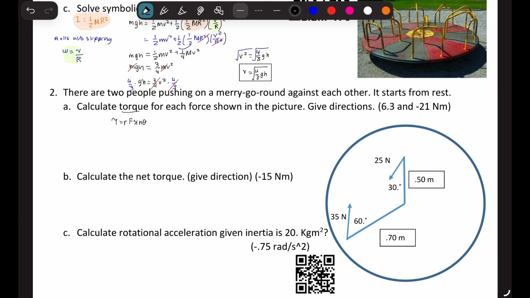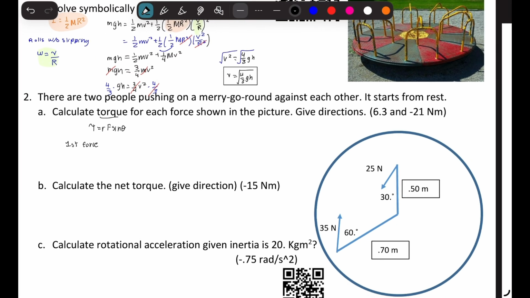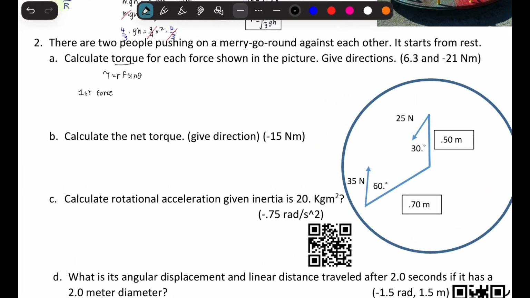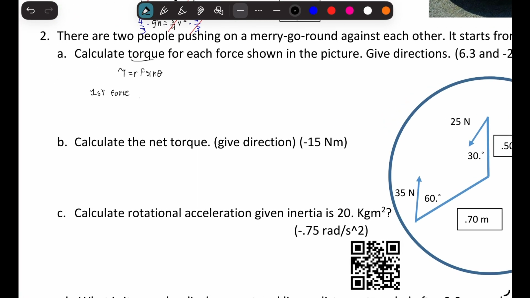So our first force is going to be 25 newtons. That means torque 1 is going to be equal to 0.50 times 25 times sine of 30 degrees.